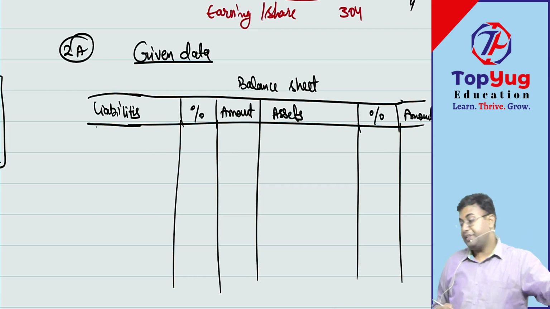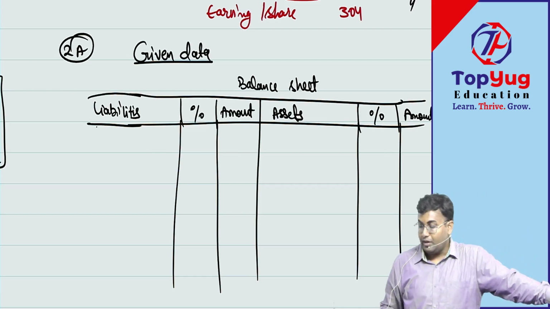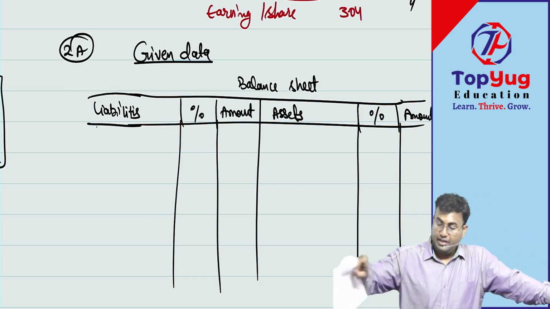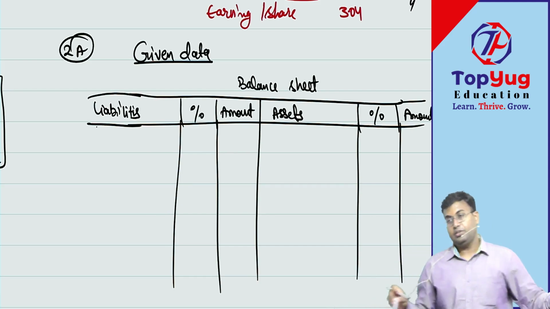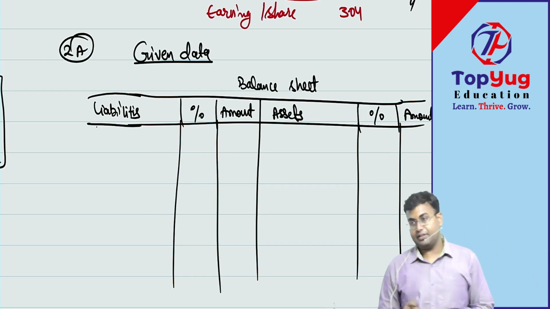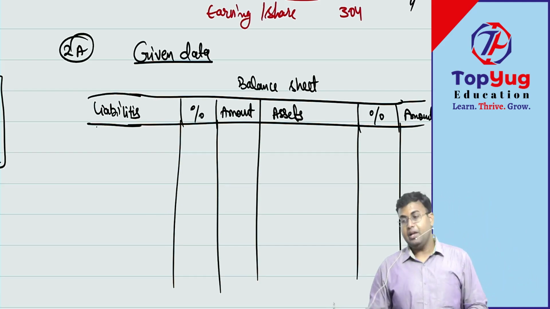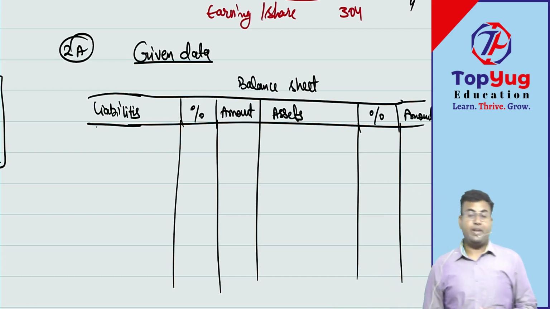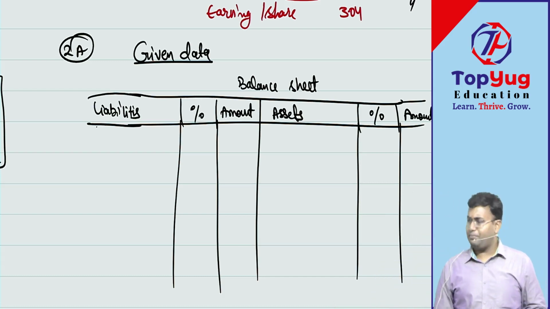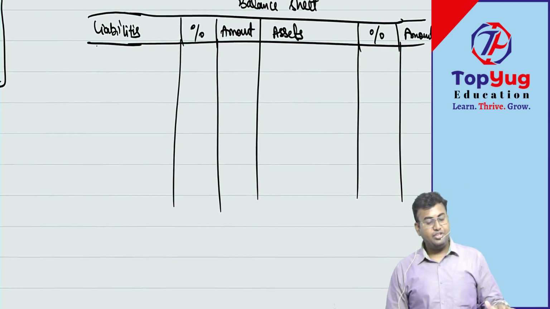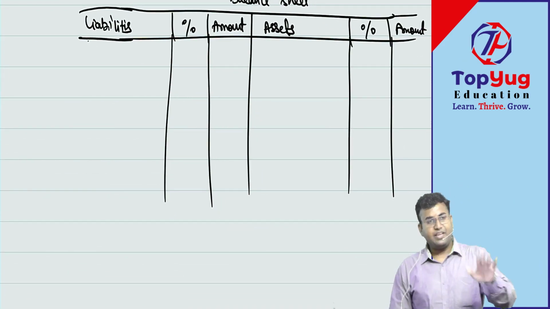Again, I told you presentation plays a very important role. Now, what was the presentation which I taught? Give the examiner what he wants. So, what is the basic understanding of this question? The examiner wants you to make a balance sheet and a profit and loss account. So first of all, make the balance sheet. First, put the balance sheet in front.